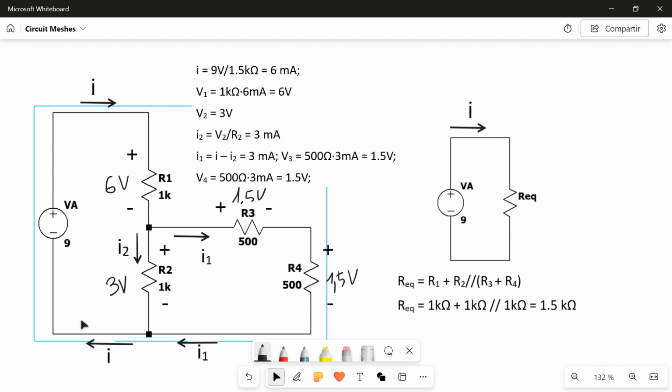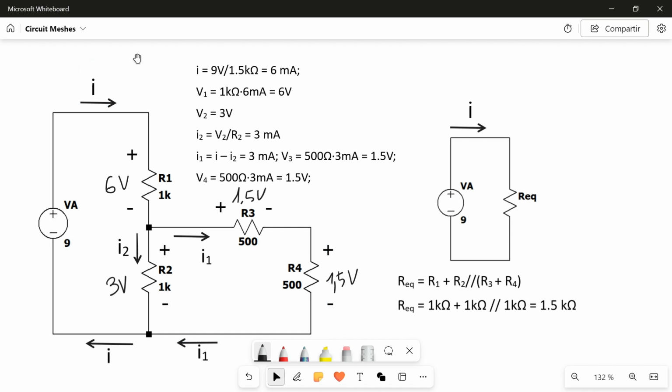Let's just look at this. We have this 9 volt, which divides into 6 volt here and 3 volt here. And these 3 volt, from this point to this point, are also the sum of this 1.5 volt and 1.5 volt. Notice this is coherent with the current, which is 6 milliampere here.